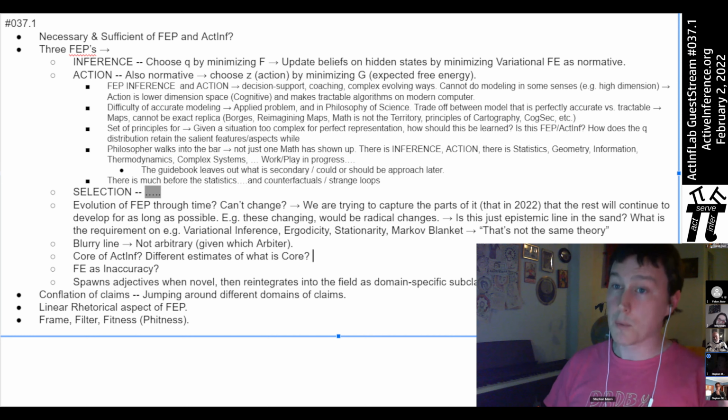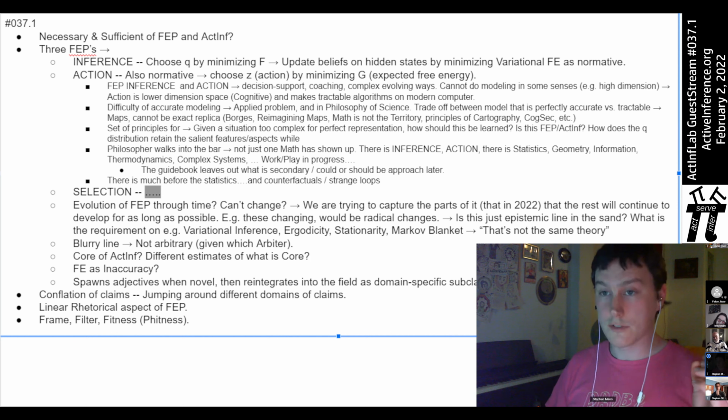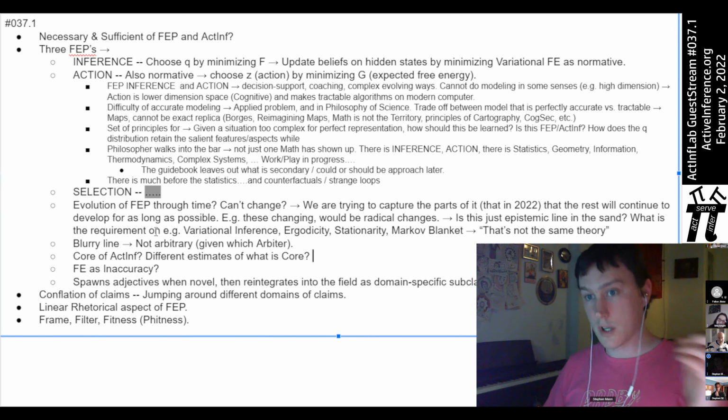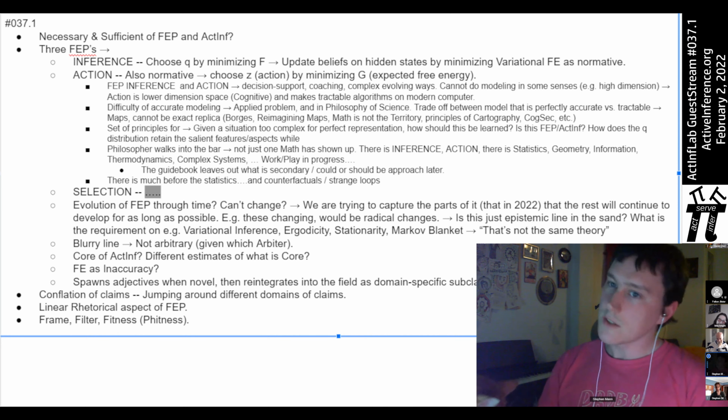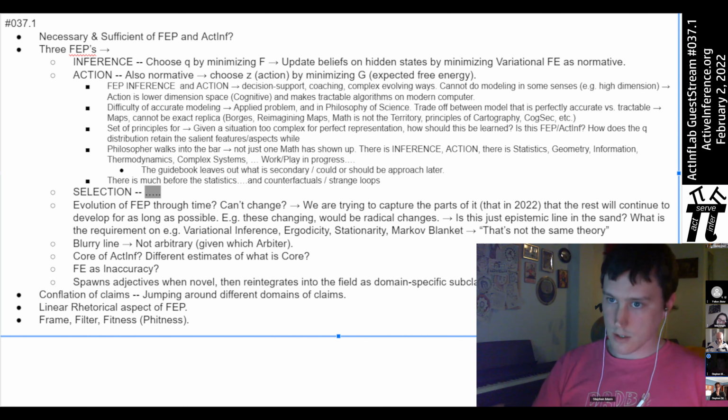We were wrong to pursue the minimization of variational free energy as a principle for understanding the behavior of biology and cognition. We're going to pursue something else instead. You couldn't just say, oh, it's still the same theory, but we've changed this core component of it.